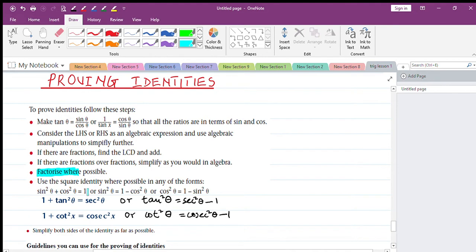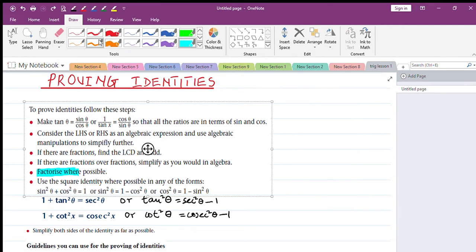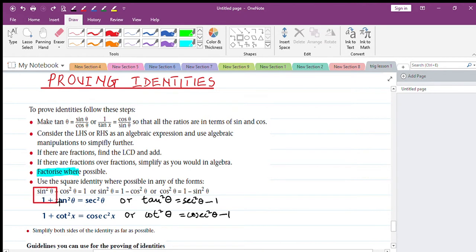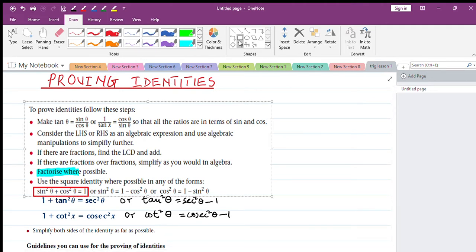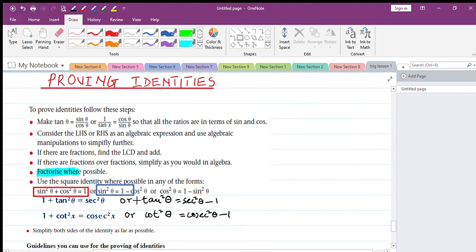Very important, remember that the identity sine squared theta plus cos squared theta equals 1 can also be written in two ways. It can be written as sine squared theta is equal to 1 minus cos squared theta.